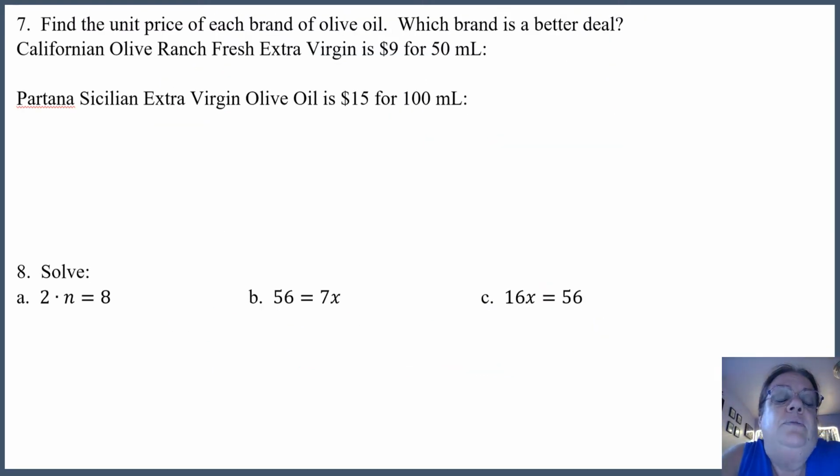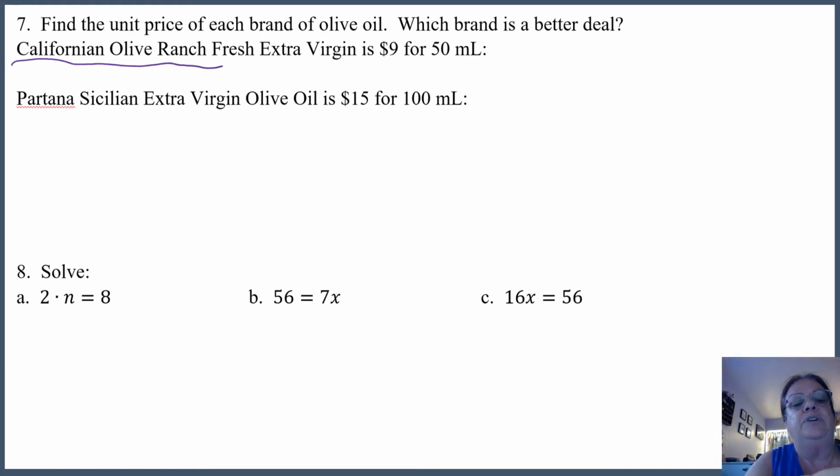All right, find the unit price of each brand of olive oil. Which brand is a better deal? For California Olive Ranch Fresh Extra Virgin Oil, the unit price is price per, in this case, milliliter.